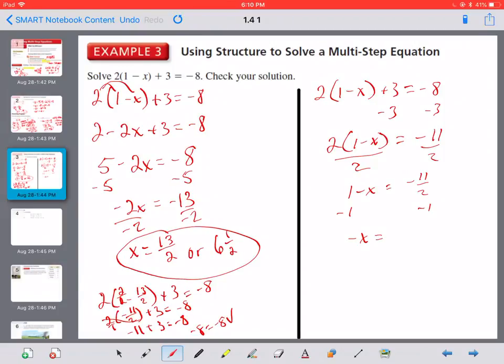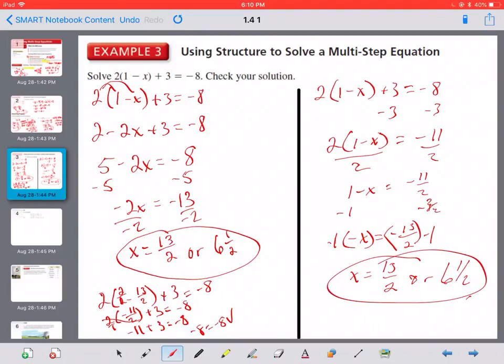Then we can get rid of the 1. We're going to subtract 1 from both sides. So negative x equals 1 is 2 over 2. Negative 11 minus 2 gets more negative, negative 13 over 2. And then if we multiply by negative 1, both sides, that changes the signs, gives me x equals 13 over 2, or 6.5.